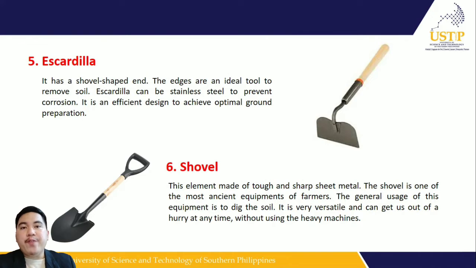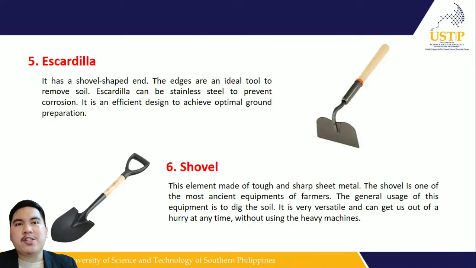Okay, so number 5 we have escardilla. So, escardilla has a shovel-shaped end. The edges are an ideal tool to remove soil. So, these can be stainless steel to prevent corrosion. And it is an efficient design to achieve optimal ground preparation. Alright. Okay, so kaning escardilla, kay mura siya ganang something like na siya pagka-similar sa shovel, di ba?